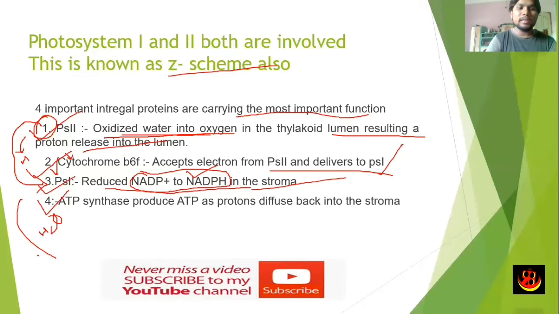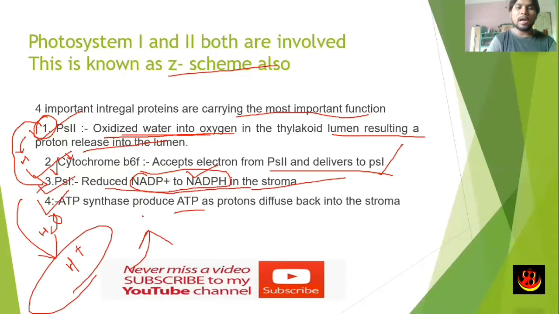Protons are released into the lumen, and while electrons are moving, protons come to the lumen, so the stroma contains fewer protons. Later this ATP synthase produces ATP while passing the proton from lumen back to stroma.